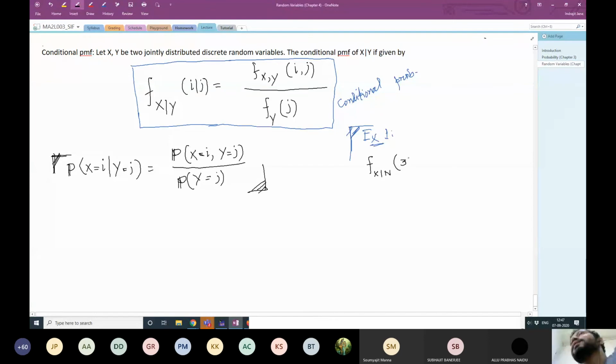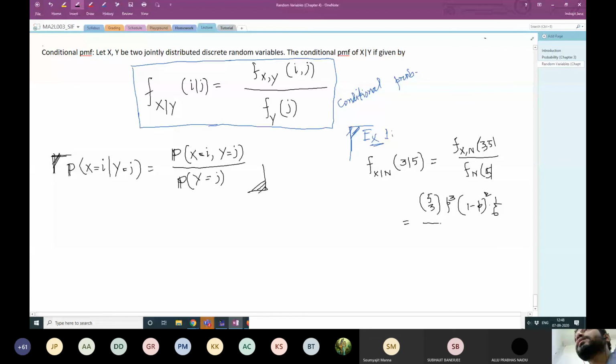This should be f_XN(3,5) divided by f_N(5). These are all information already available to you. So f_XN(3,5) is 5 choose 3, p cubed, (1 minus p) squared, times 1 over 6, and f_N(5) is 1 over 6.